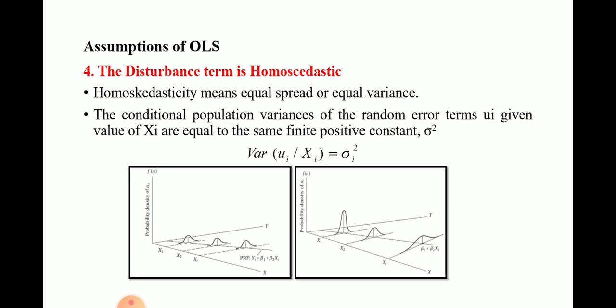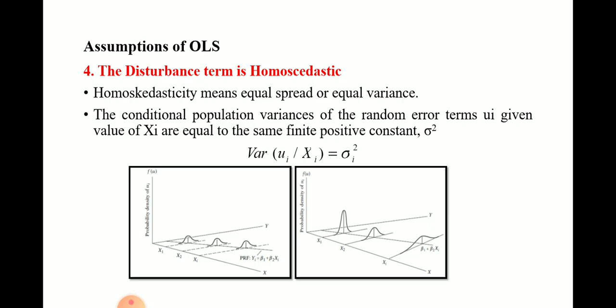In the first case, x1, the distribution is not that wide; it is more peaked. In the second case it is mesokurtic, but in the third case it is leptokurtic, or sorry, platykurtic. It means that at different levels of income groups, the variation in consumption is highly varying.